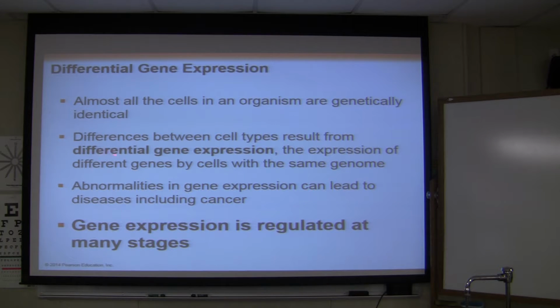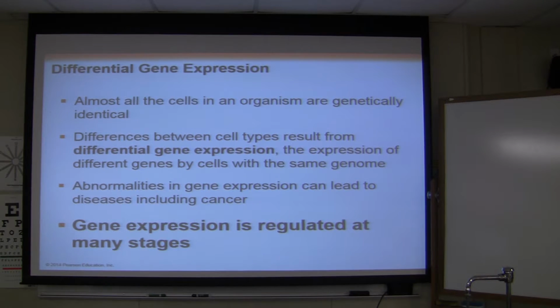So that's what is called differential gene expression: the expression of different genes by cells with the same genome. Abnormalities in gene expression can lead to diseases including cancer. Okay, so everything comes back to cancer.